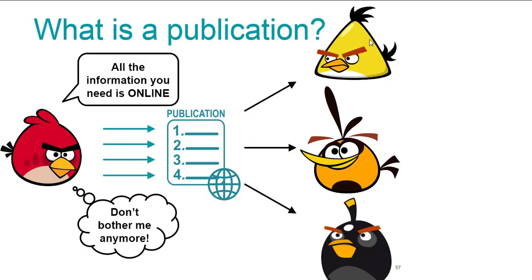Now, each time the birds need information, they don't go to the red bird. They go to this publication. Okay, so he said all the information he needs online, don't bother me anymore.